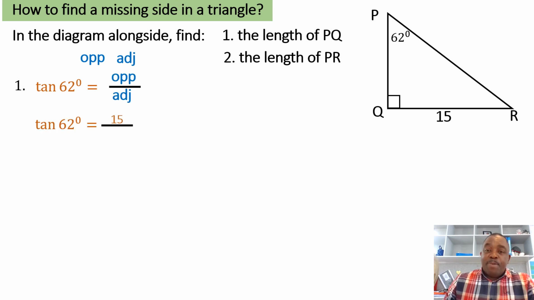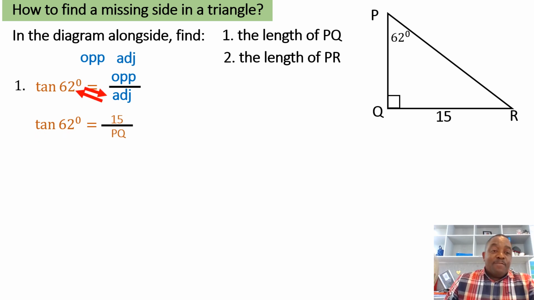Therefore we can just plug in what we've got. PQ is what we're looking for, which is adjacent, and QR is 15. Multiplying both sides by PQ, you remember we're trying to get PQ, so we want PQ to be the numerator, or the subject of the formula. So multiply both sides by PQ, then divide both sides by tan 62.